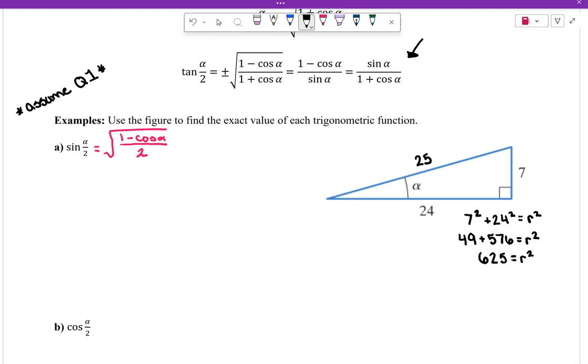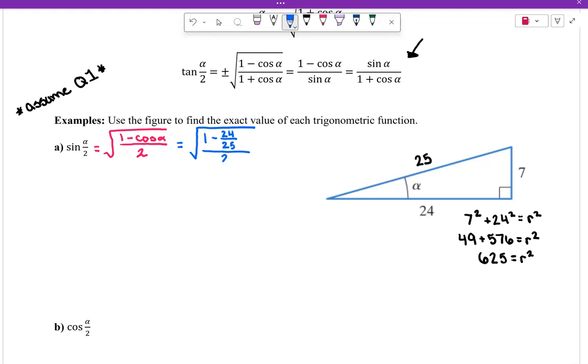Okay. So let's go plug everything in. So we're going to have 1 minus cosine of alpha. So cosine of alpha is whichever way you want to look at it, x over r, adjacent over hypotenuse, but we should get 24 over 25.